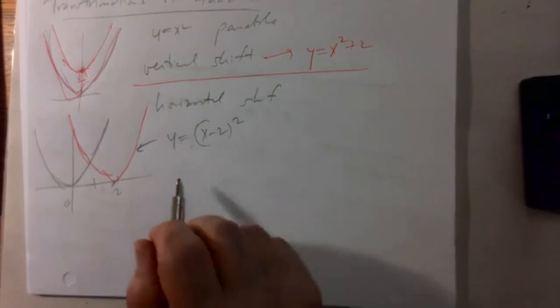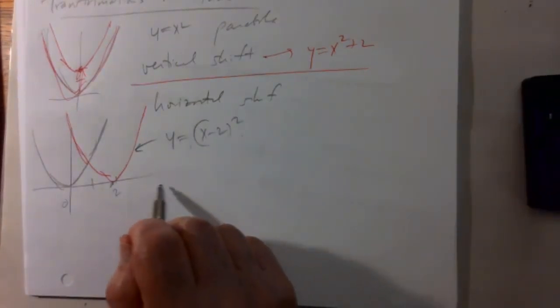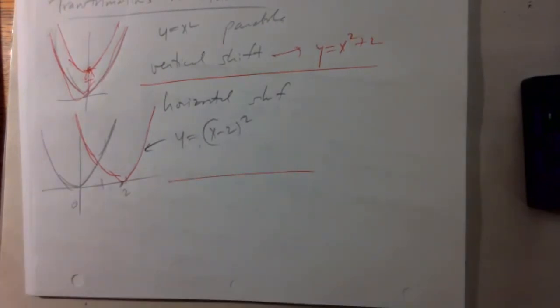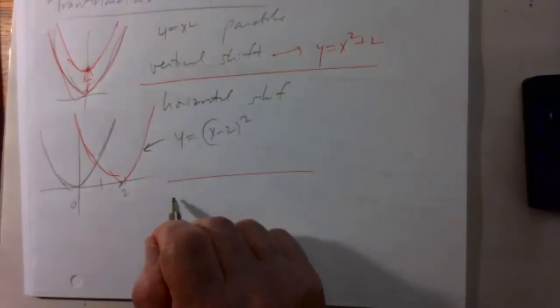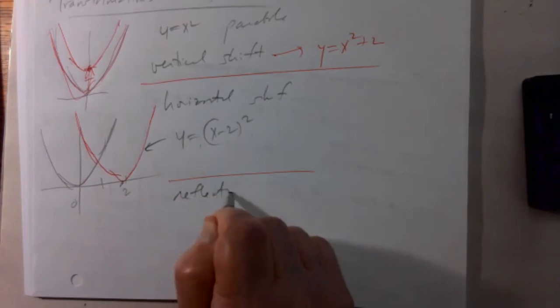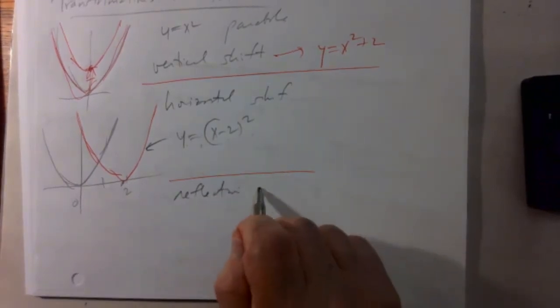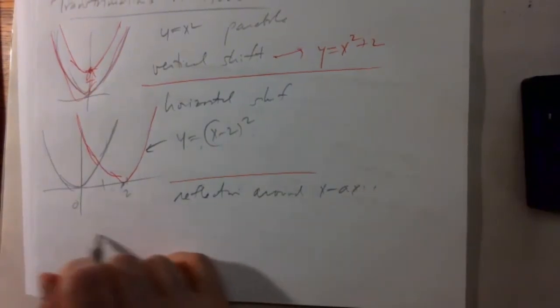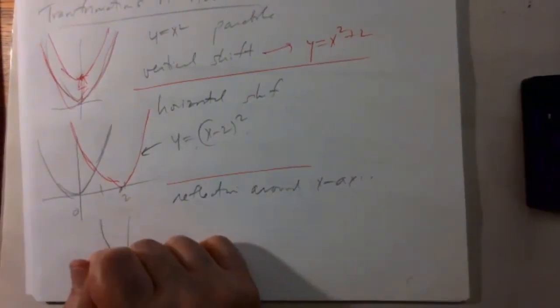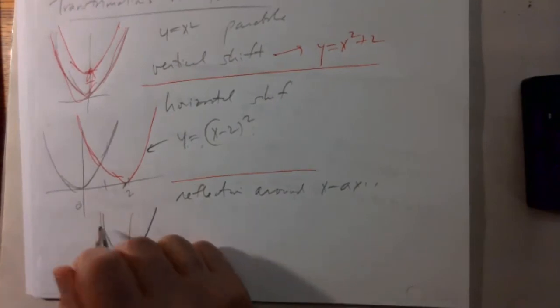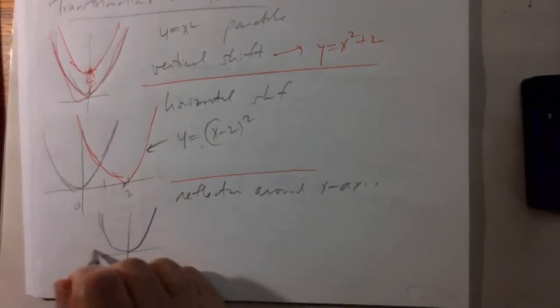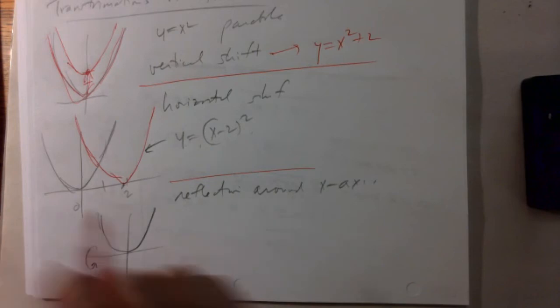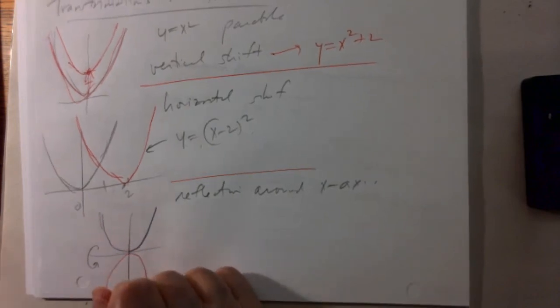You can also have a reflection. So what does a reflection, for example, around the x-axis look like? Here's the parabola going up, when I reflect it around the x-axis, it looks like that.